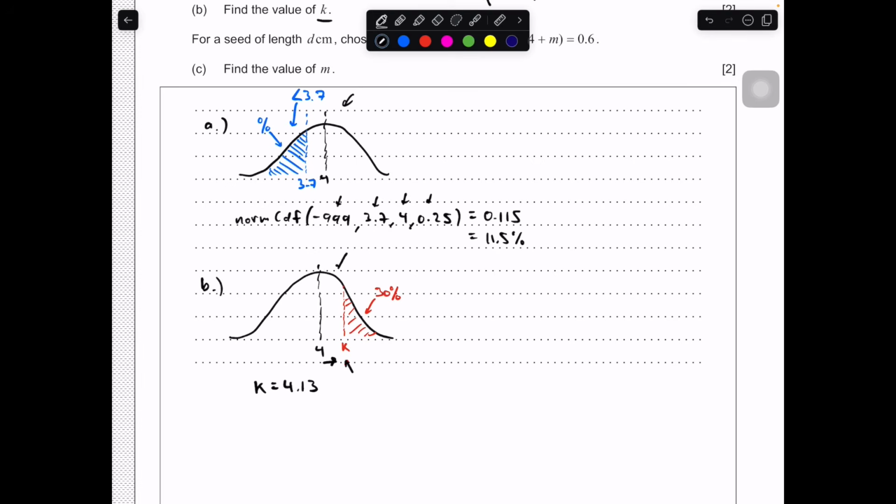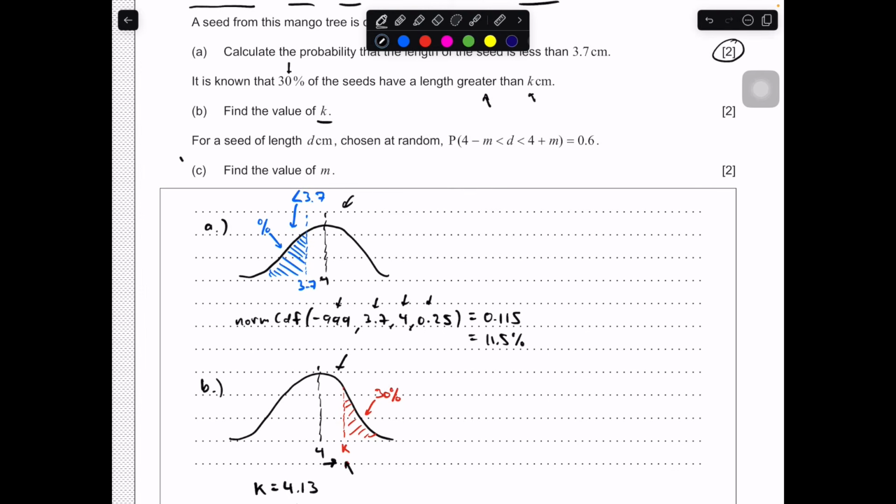This is already processed, but I'll write it out as well: inverse normal, then the area that we want to sweep through, the mean and the standard deviation, and that gave us a value of 4.13.